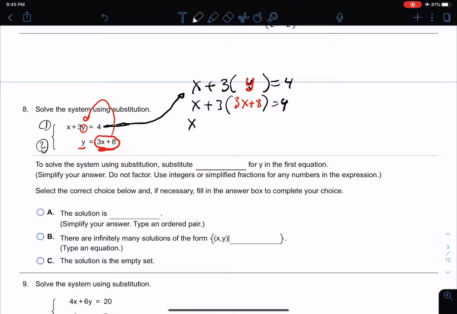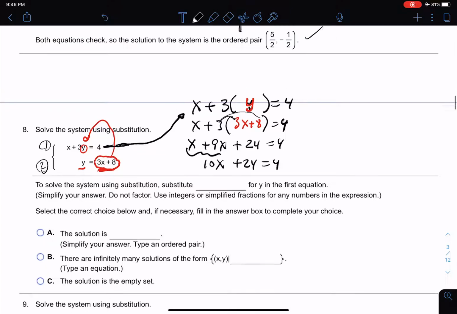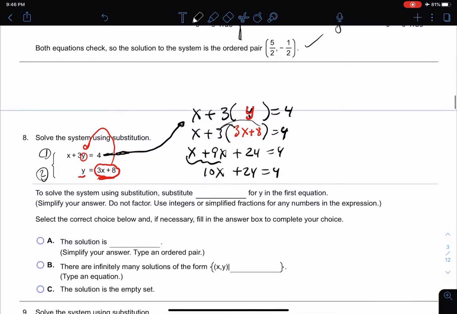So I distribute my 3. 3 times 3x is 9x. And I distribute 3 times 8 is 24. And I combine my like terms, so that is 10x plus 24 equals 4. I'm going to be challenged for space.